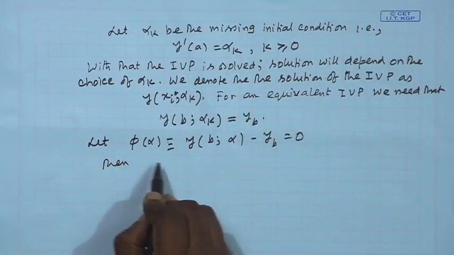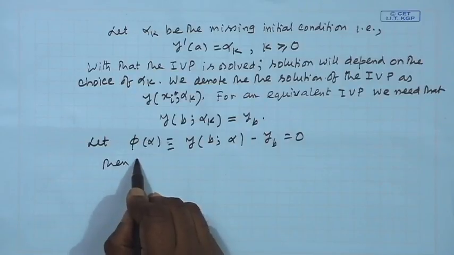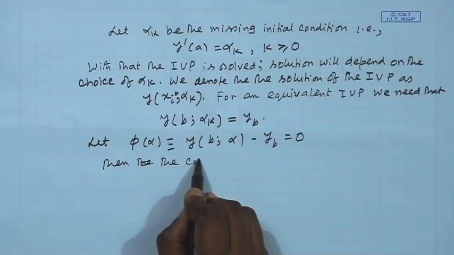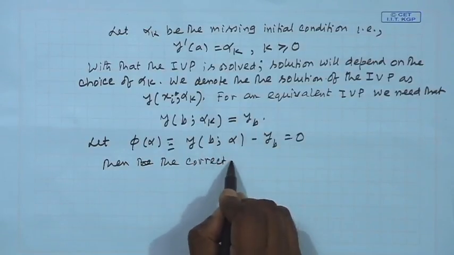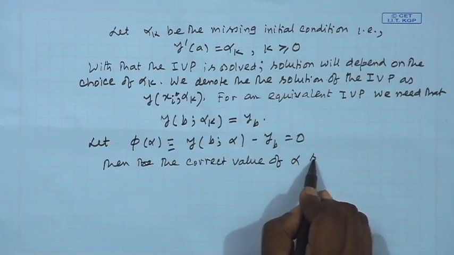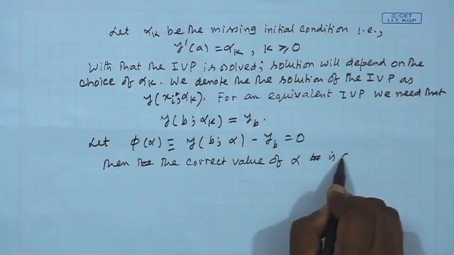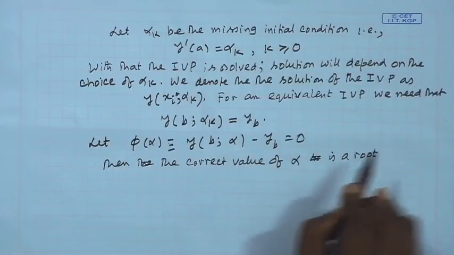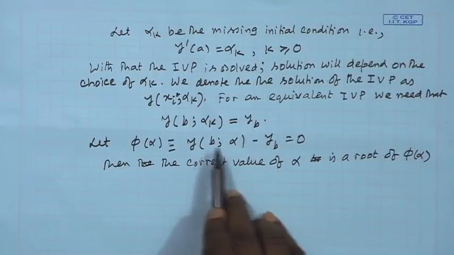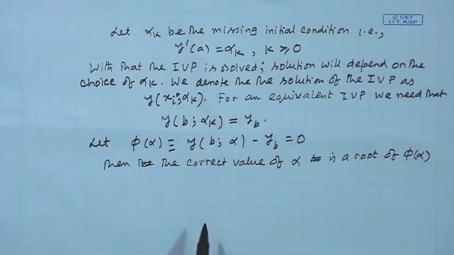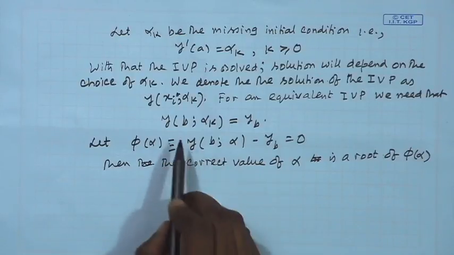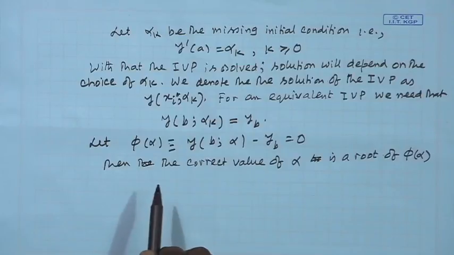Then the proper choice, the correct choice alpha, is a root of the above equation, root of phi alpha. That means that particular alpha which satisfies this equation will be the correct choice for the missing initial condition, because for that only we get this.